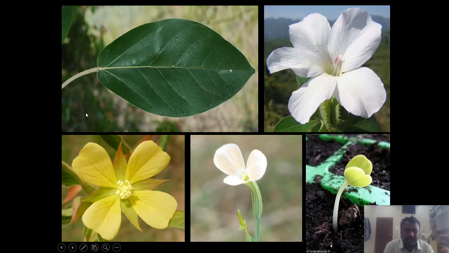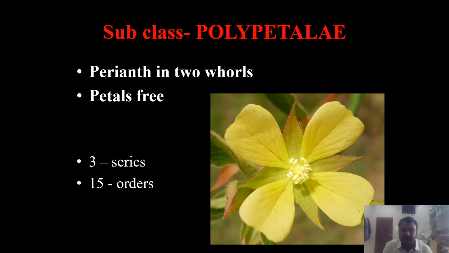Now you can see here reticulate venation, a pentamerous flower, 1, 2, 3, 4, 5, and a tetramerous flower, rarely trimerous here. 2 cotyledon leaves are here. These are the major identification characters of class Dicotyledonae.